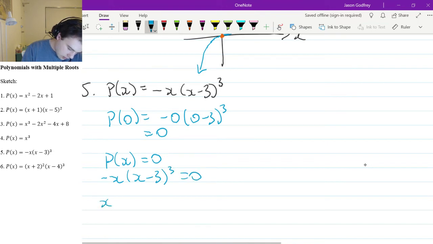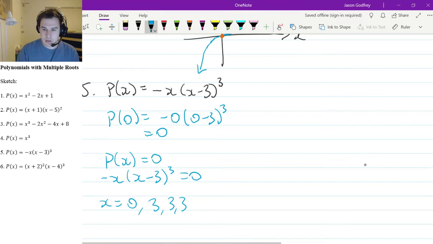So either the x out front was 0, that would make the equation equal 0, or if x equaled 3, 3 minus 3 would be 0. But you've got a cube there, and because this happens 3 times, you've got 3 roots all packed into the x value of 3.